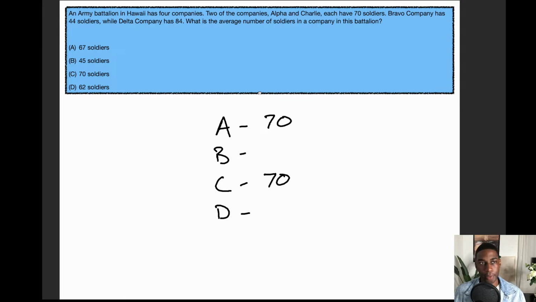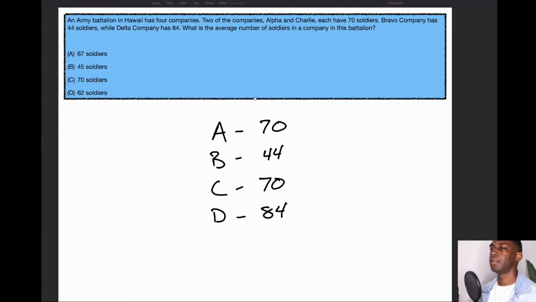Bravo Company has 44. So Bravo looks like it's a small one. And what else do we have? Delta Company has 84. So I just want to let y'all know, anytime you are doing a question that is talking about the average, how you find that is you add up all of them, and then divide by how many you just added.